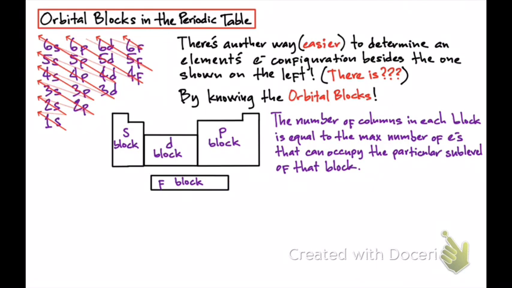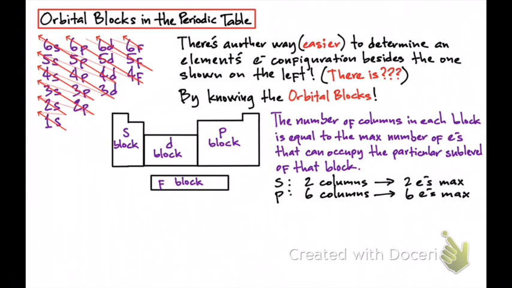And so because the s block contains 2 columns, according to this statement here, the number of columns is equal to the maximum number of electrons that can occupy that particular sublevel. So s contains 2 columns, so that means the maximum number of electrons is 2 for that block. And then for the p block, 6 columns, so you have 6 electrons.